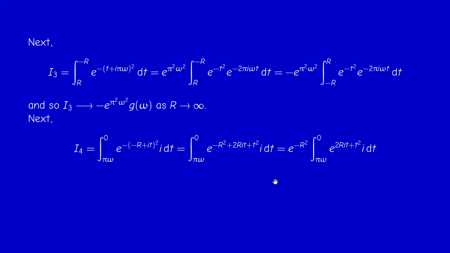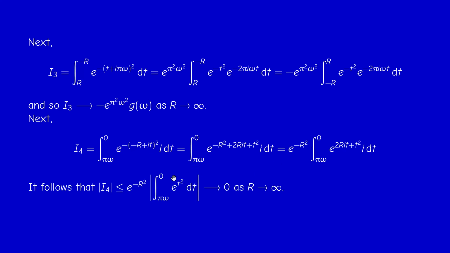Now the last one, like the second one, if you do the computation, you will convince yourself that it tends to 0 for the same reason, actually. I should have put the modulus inside, because the modulus of the integral is less than the integral of the modulus.